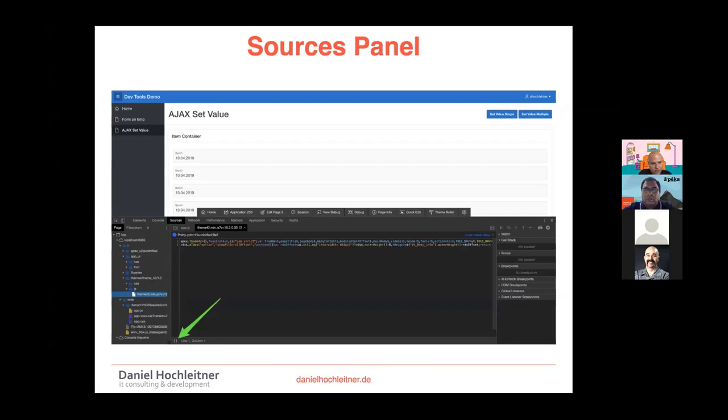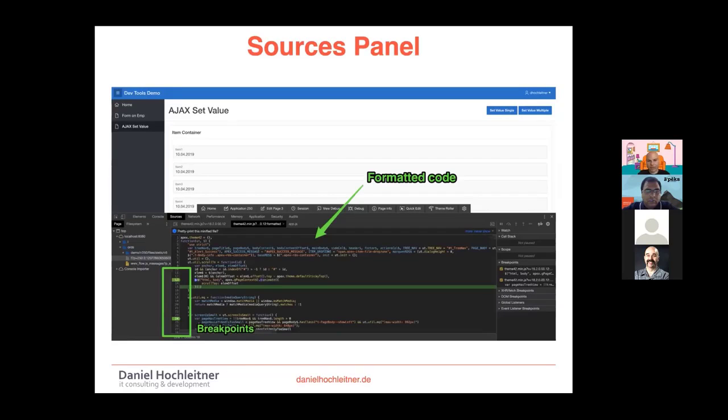And if you click that little brackets button down on the left, you can beautify the whole code, so it's more human readable. And after that, you can easily set breakpoints, for example. And if the function gets executed, it stops on that breakpoint, and you can skip through your code, see what values local variables have, for example.